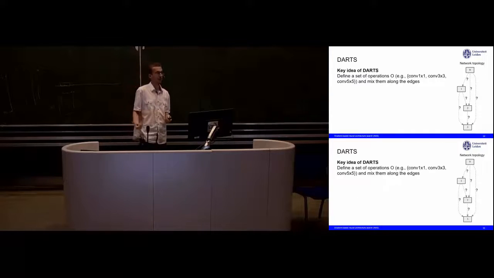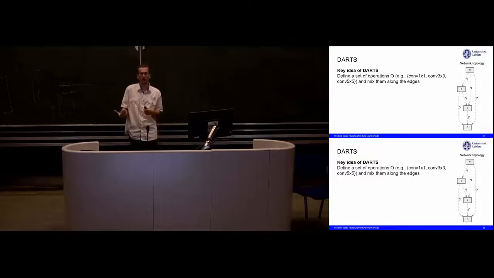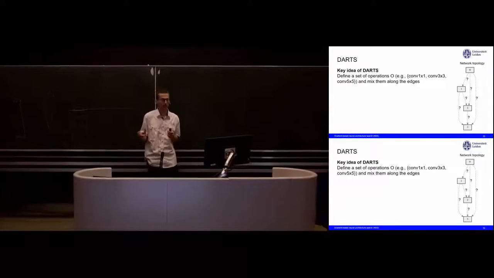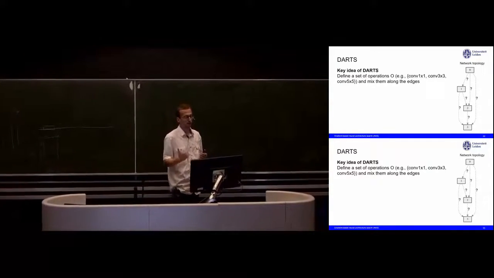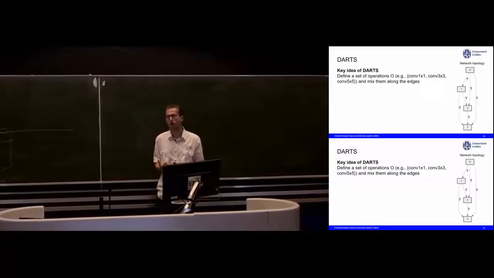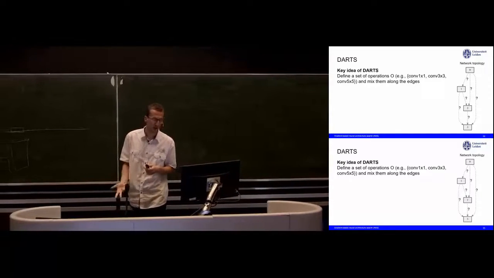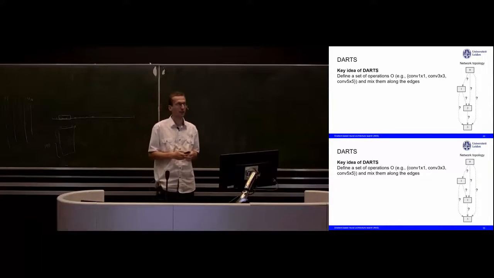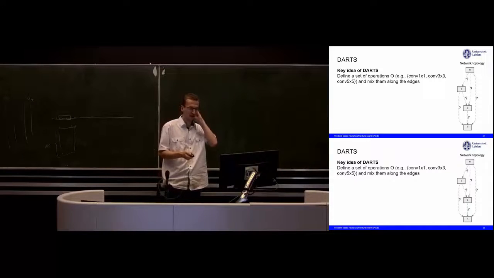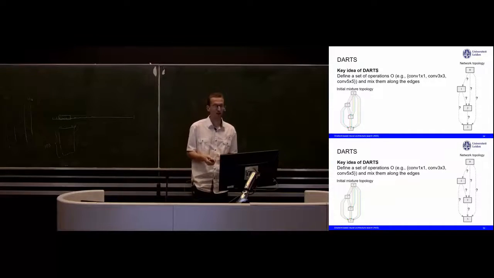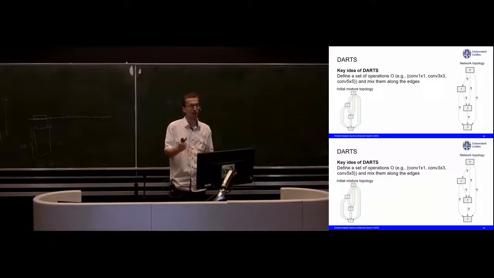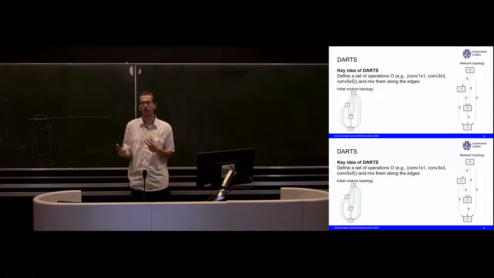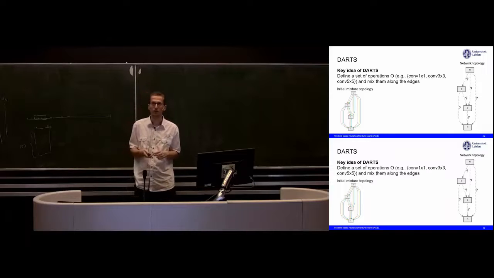The key idea of DARTS is just to say that we're going to have a set of different operations from which we can choose. For example, we can choose, in this case, from a 1x1 convolutional layer, a 3x3 convolutional layer, and a 5x5. And then we're just going to mix these different operations along every edge. So the graph on the right here now becomes a mixture graph, where between every two nodes, we place each of these three operations in our candidate set. And we mix them using different weighting coefficients, or architecture coefficients.